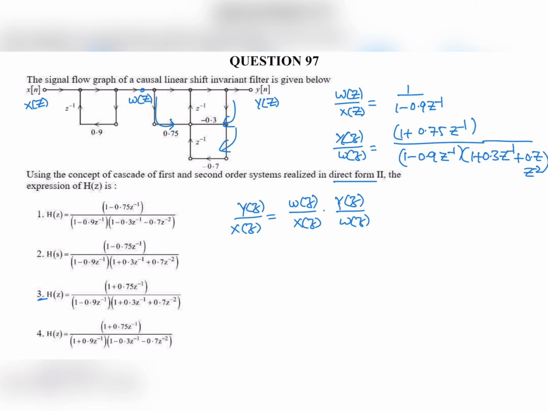And the final expression will become 1 plus 0.7 z inverse by 1 minus 0.9 z inverse, 1 plus 0.3 z inverse plus 0.7 z power minus 2. So the correct option is 3.